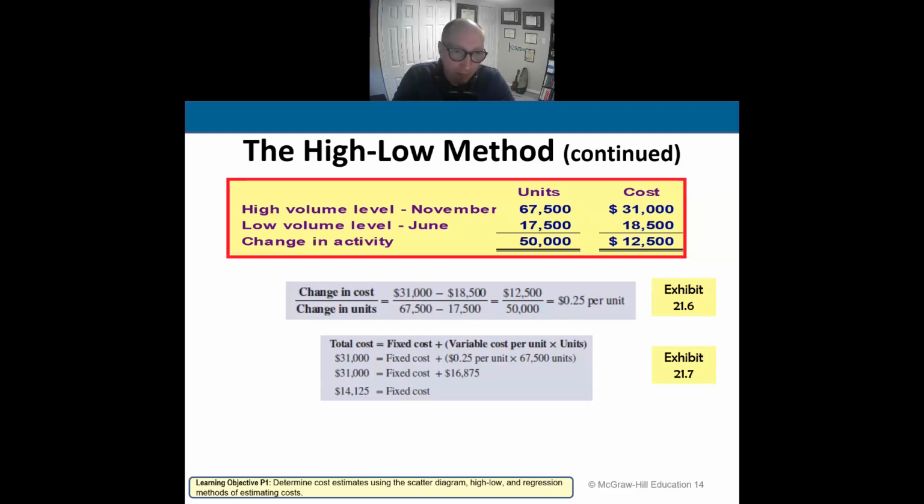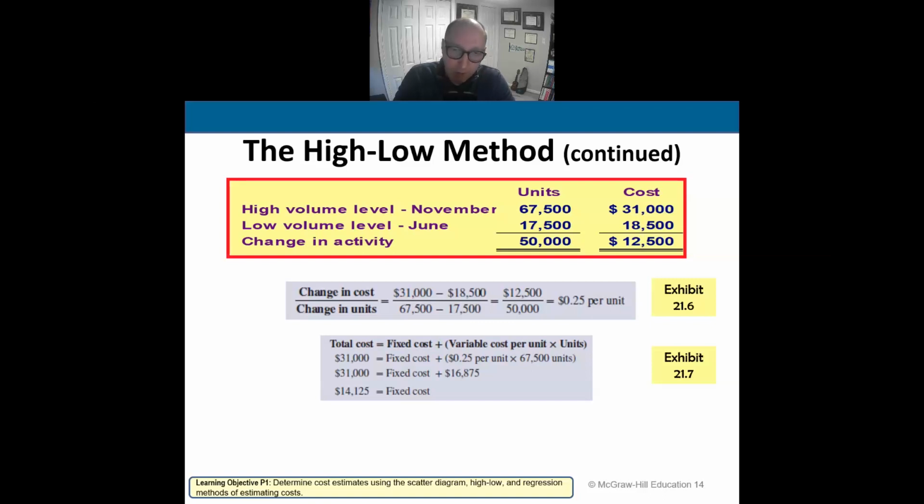Now I want to find the change in the cost per unit. To find this, I take the change in cost, 12,500, divided by the change in units, 50,000.